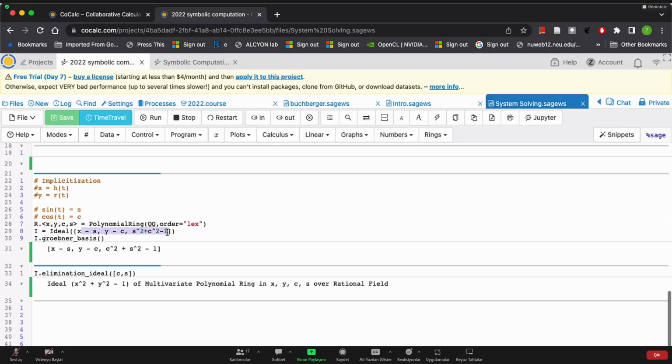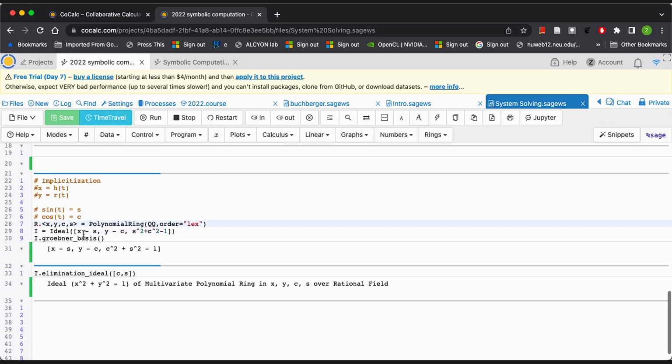Yeah, it's not so hard to see how, right? Because you say that S is equal to X, so you reduce this.